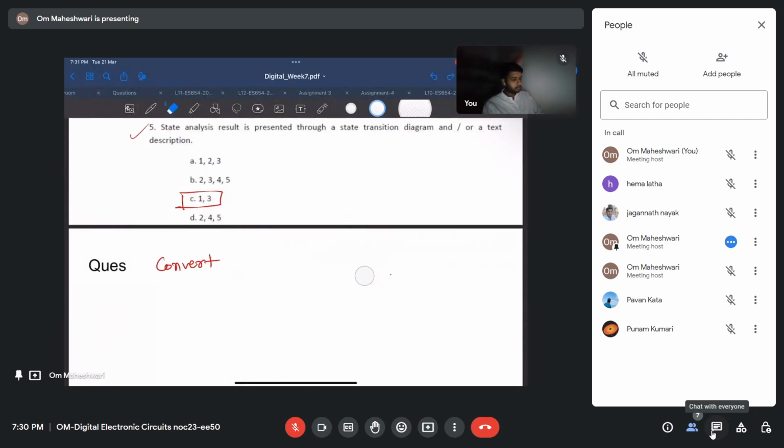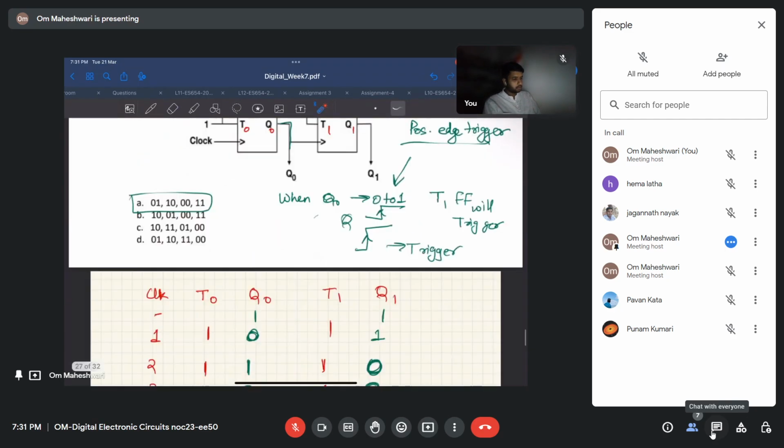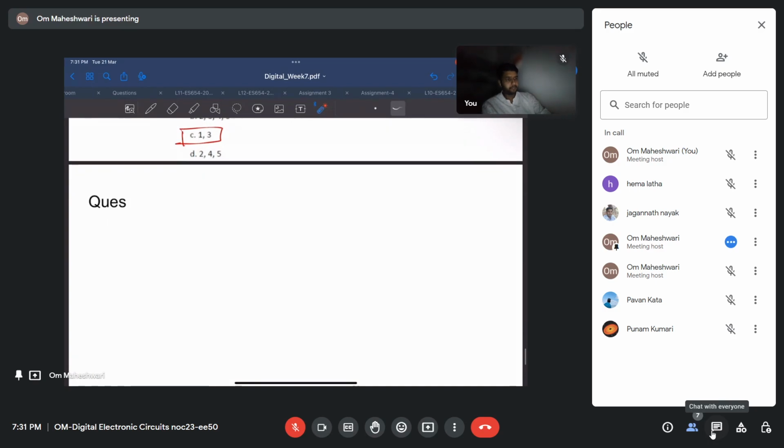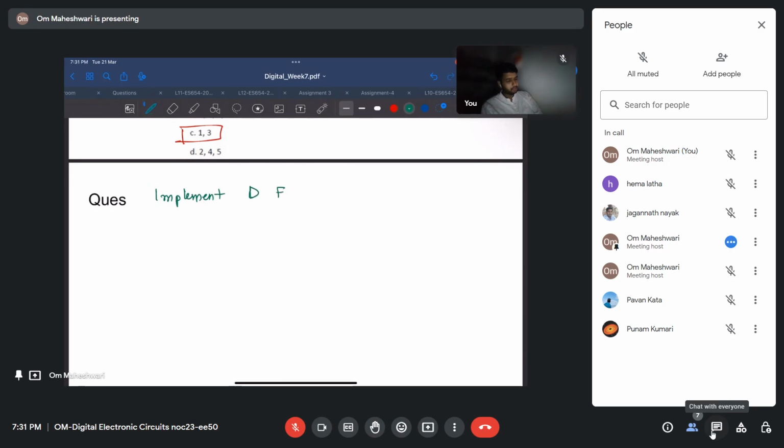So basically, implement D flip flop using D flip flop. So first step will be the characteristic table of which flip flop, T or D?